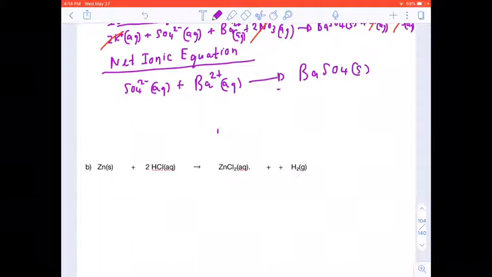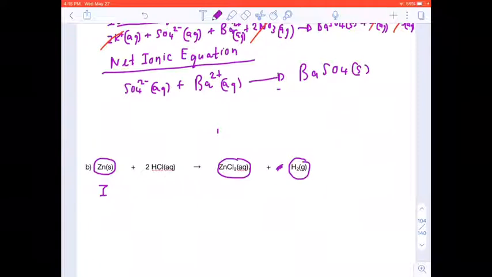This also forms a gas. Before looking at the ionic equation, we see that zinc is neutral, right? Here in this case, it's in an ionic form, so we know it forms an electrolyte, so it forms Zn2 plus, which tells you that it was neutral and became 2 plus.